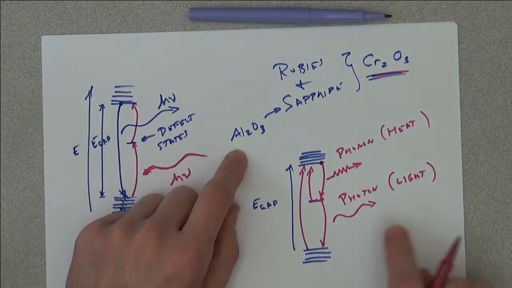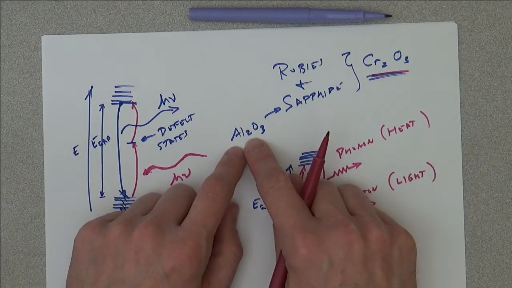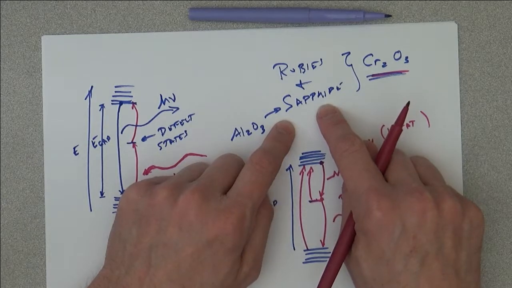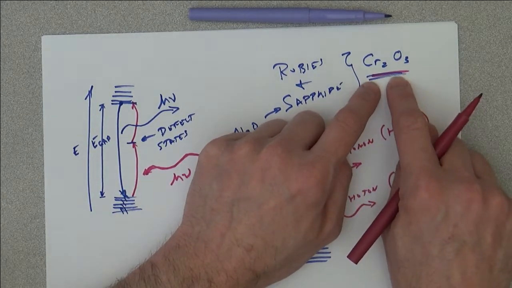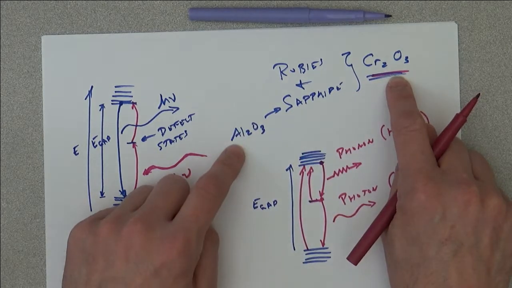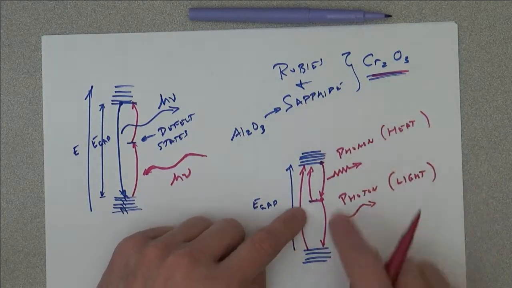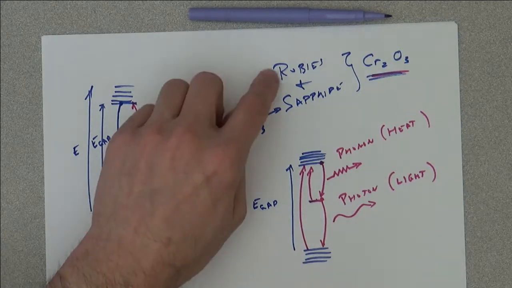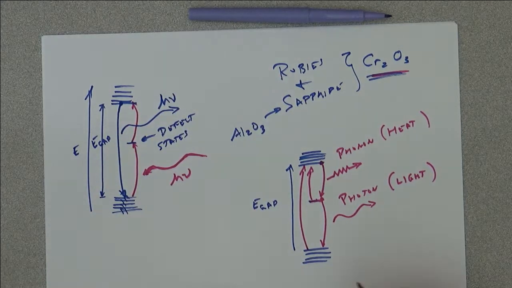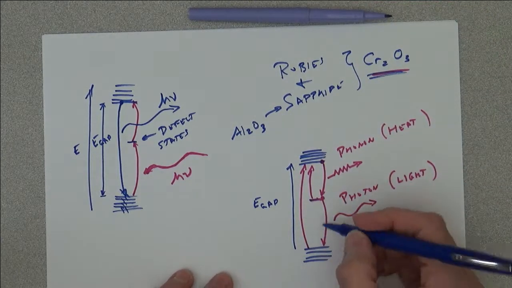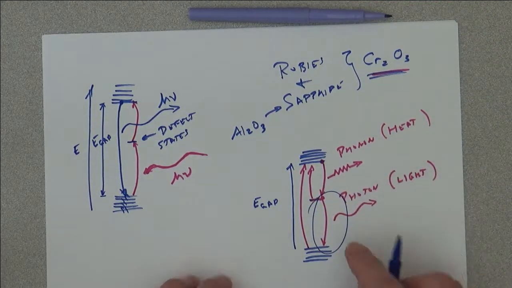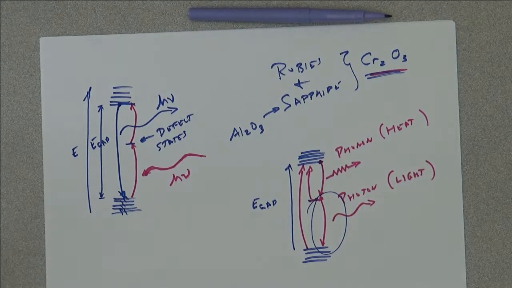So if you take pure Al2O3, it has the exact crystal structure of sapphire, but it's going to be clear. If you put a small amount of chrome impurities onto the aluminum site, then it's going to have the color of sapphire or the color of rubies, and that has to do with this transition.